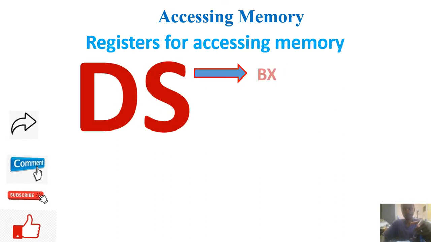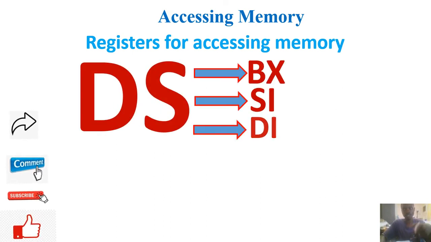BX, SI, and DI registers are used with the data segment register. The data segment register is the one that is used with these three registers. Don't confuse this, please.